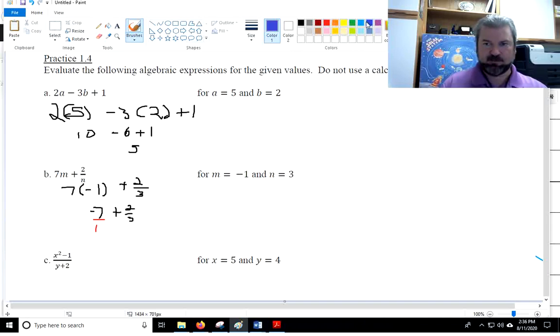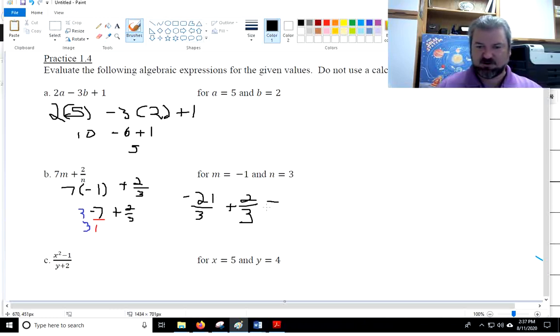So I'm going to multiply this by 3 and 3 so that my 1 on the bottom can match the 3 from the other fraction. That gives me negative 21 on top over 3 on bottom plus 2/3. All right, so I've got two different signs here in an addition problem, so it'll be like subtracting, but I take the sign of the bigger number. So this is negative 19 over 3.